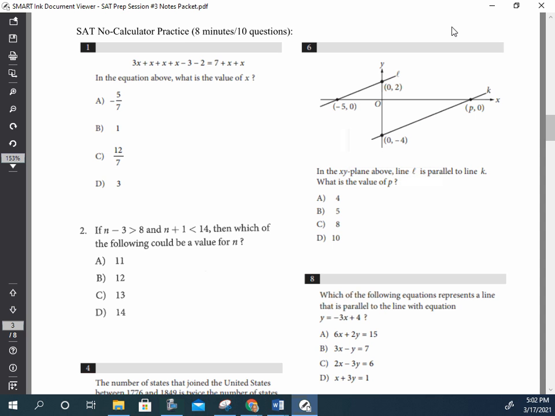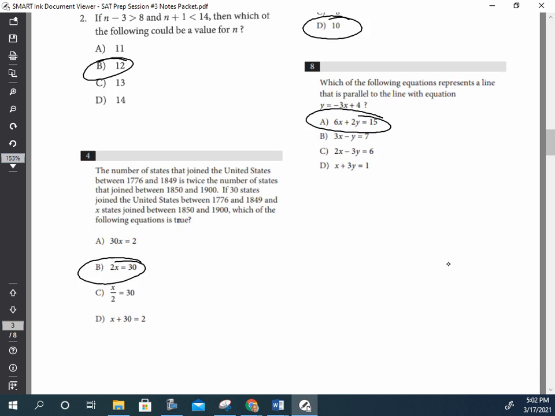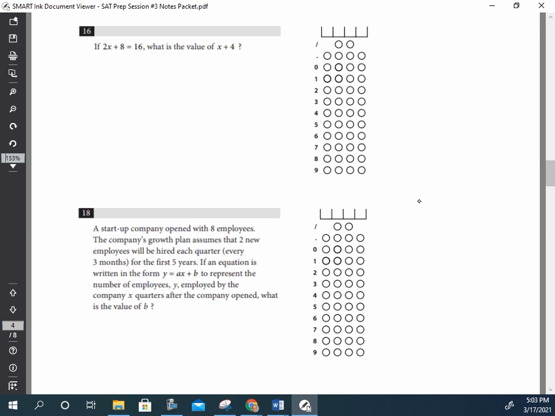All right, so turn the recorder back on here. These are the answers for the no calculator problems. For problem 1, your answer should have been D. For problem 2, your answer was B. For problem 6 on the right, the answer was D. For number 4, the answer was B. For number 8, the answer was A. For the gridded problems, 16, the answer was 8.